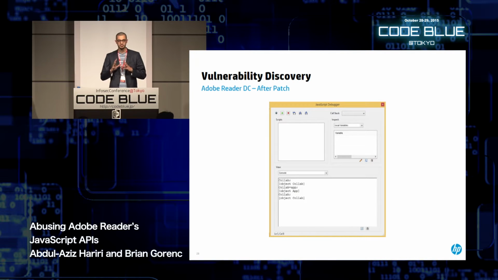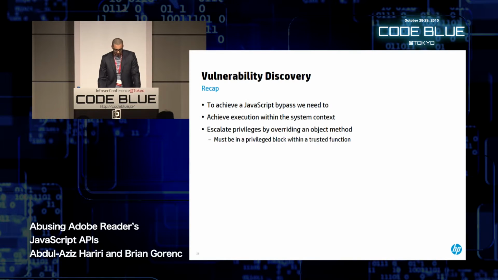They secured these objects from being overridden, and from having their methods overloaded. So a quick recap: in order to have a successful bypass, we need an eval that's executed inside the root context, and then we need to overload a function that's called from inside a privilege block, which lies inside a trusted function.